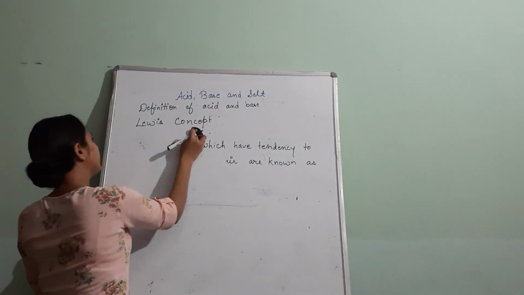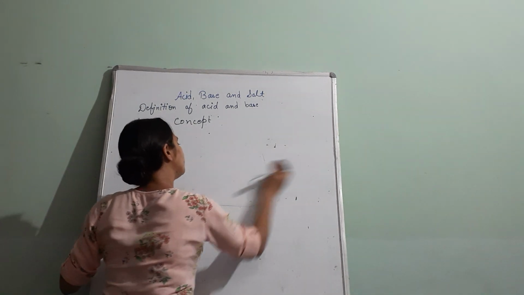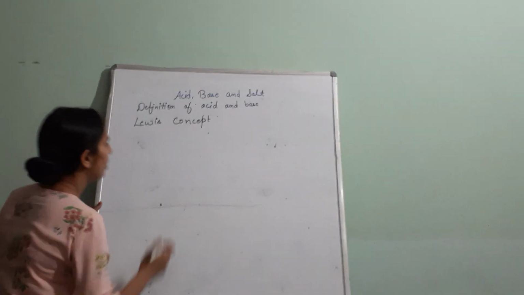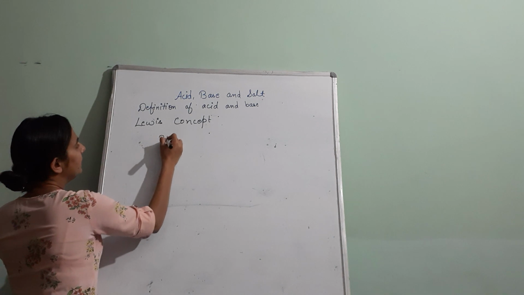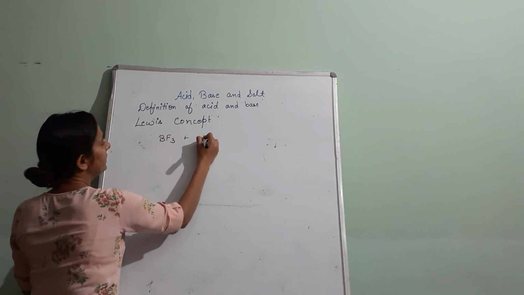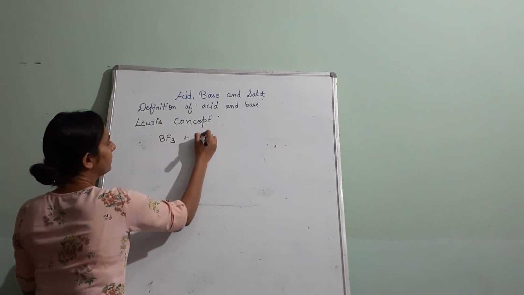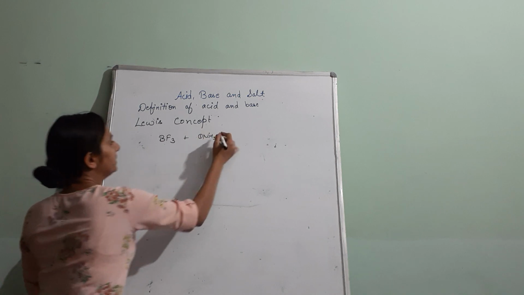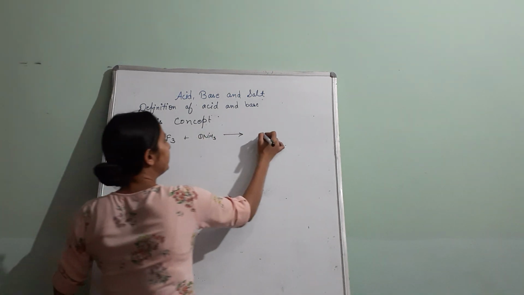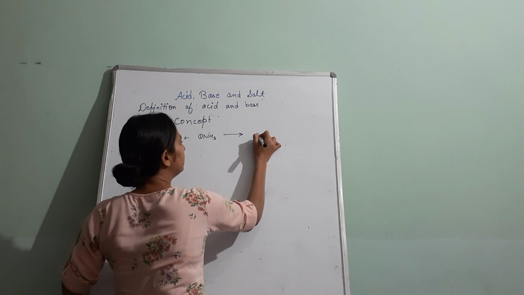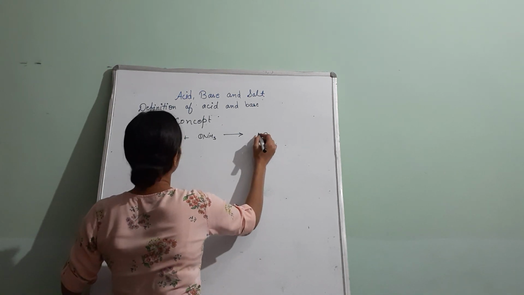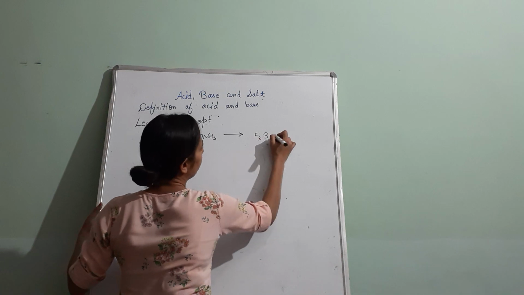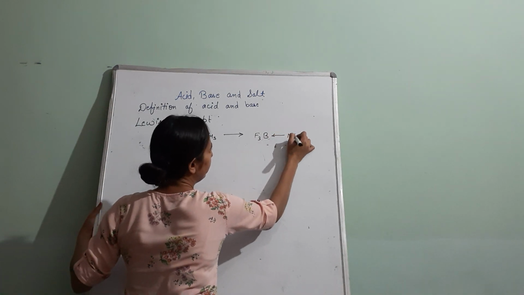Compounds which accept an electron pair and compounds which donate an electron pair are known as Lewis acid and Lewis base. For example, BF3 plus NH3. NH3 has one lone pair. When these two compounds react, they form an adduct BF3 and NH3.